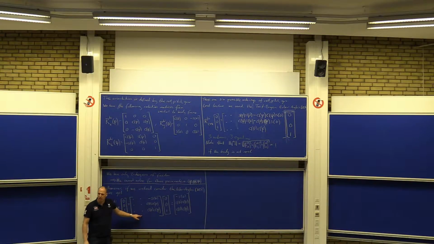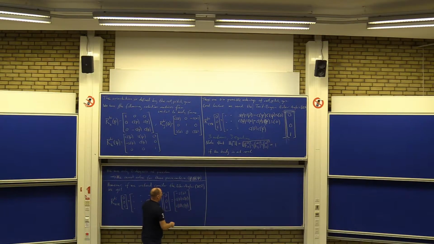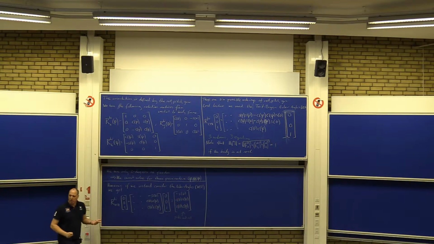Okay, so with this rotation matrix, for this equation that we would like to solve here, we only have two unknowns. So we have the pitch and the roll. The yaw disappeared here. So now we have two unknowns, we have two equations.